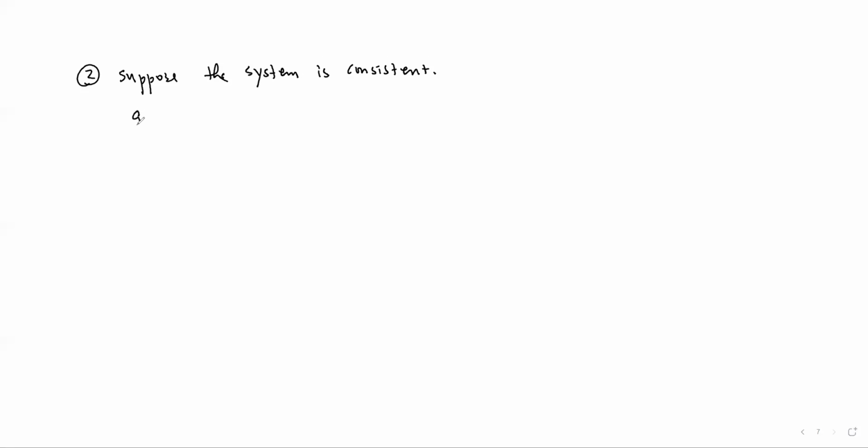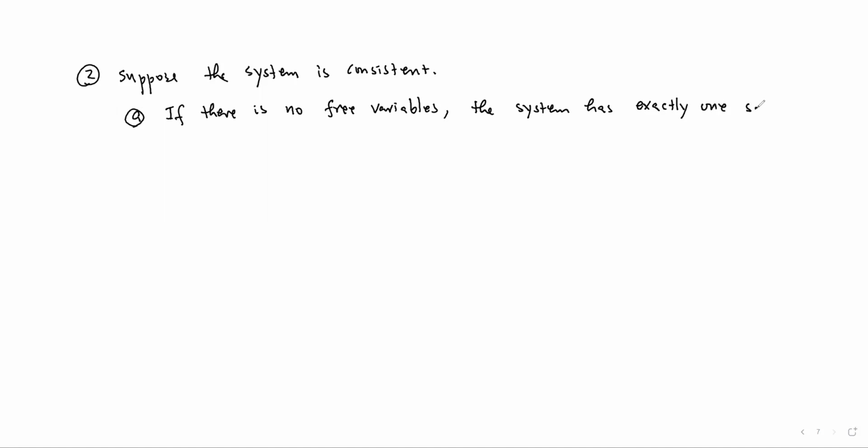Case one, if there are no free variables, then the linear system has exactly one solution.